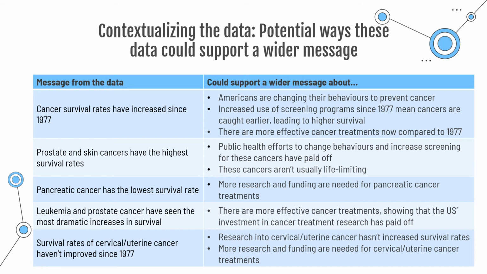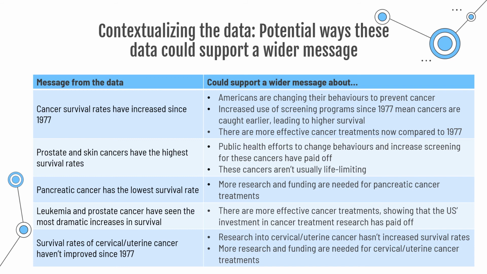Another example here is that if the main message that you want to communicate with this data is that pancreatic cancer has the lowest survival rate out of all the cancers in the data, then this key message could support a broader communication that more research and funding are needed for pancreatic cancer treatments. Finally, a potential key message from the data here is that the survival rates of cervical and uterine cancer haven't improved since 1977.